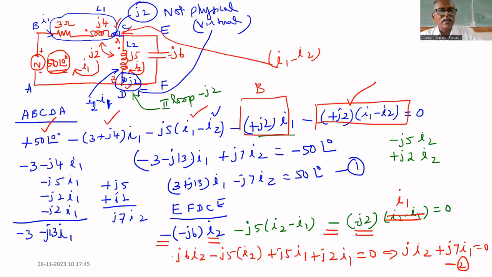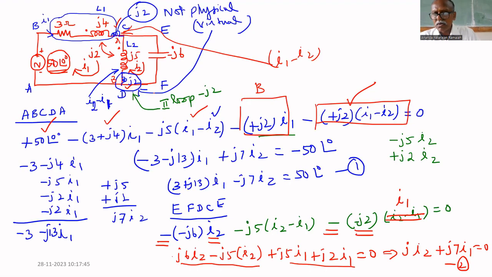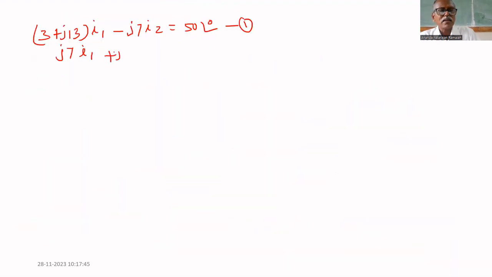3 plus J13 I1 minus J7 I2 minus J7 I2 equal to 50 angle 0. This is the first equation. So what you get is J7 I1 plus J I2 equal to 0. This is the second equation.